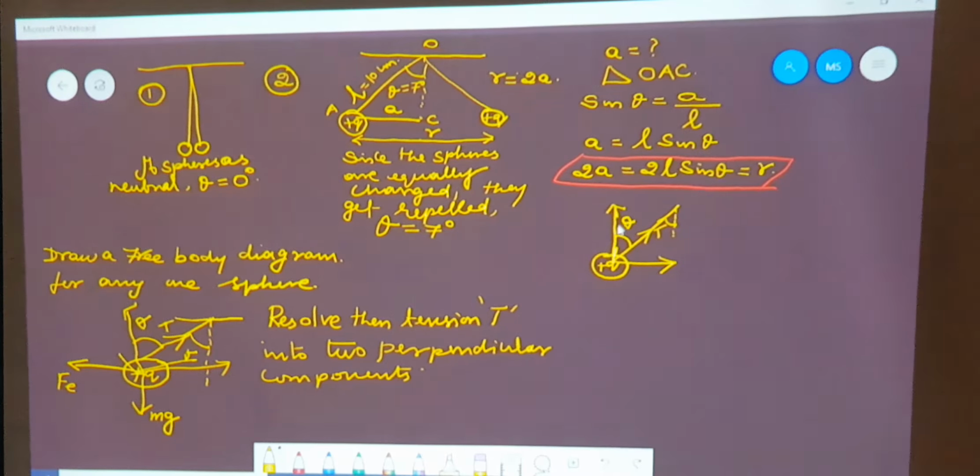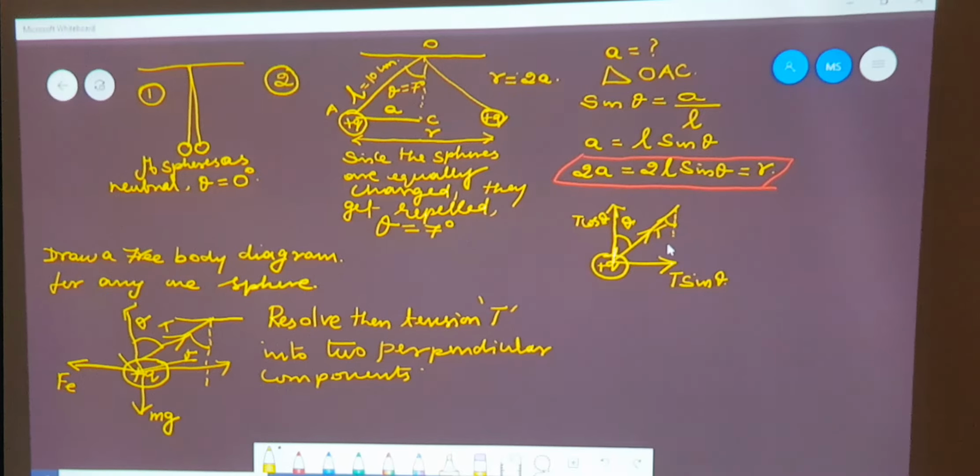Now for this theta, the vertical component is the adjacent side, so the vertical component is T cos theta. The horizontal component is the opposite side, so the horizontal component can be written as T sin theta. Now let us consider the other two components.